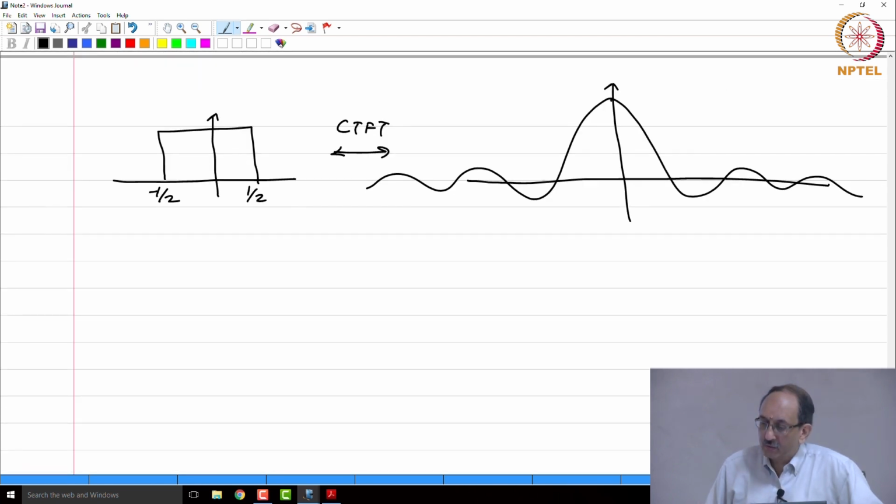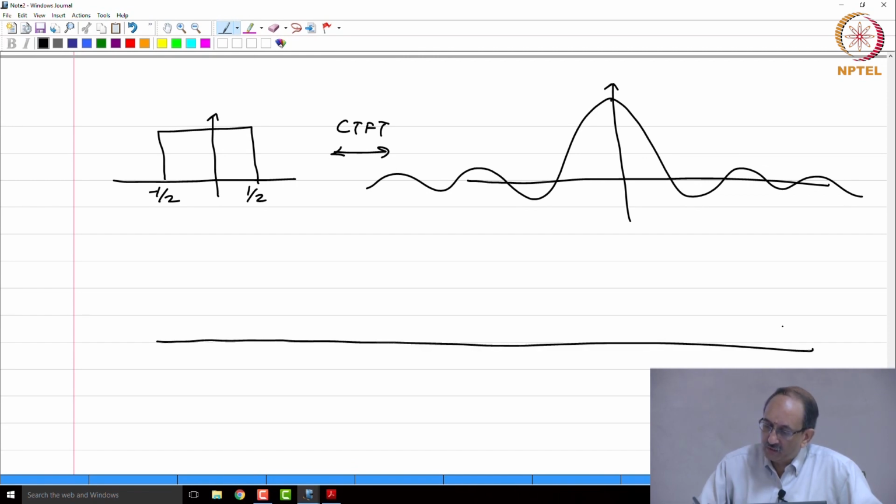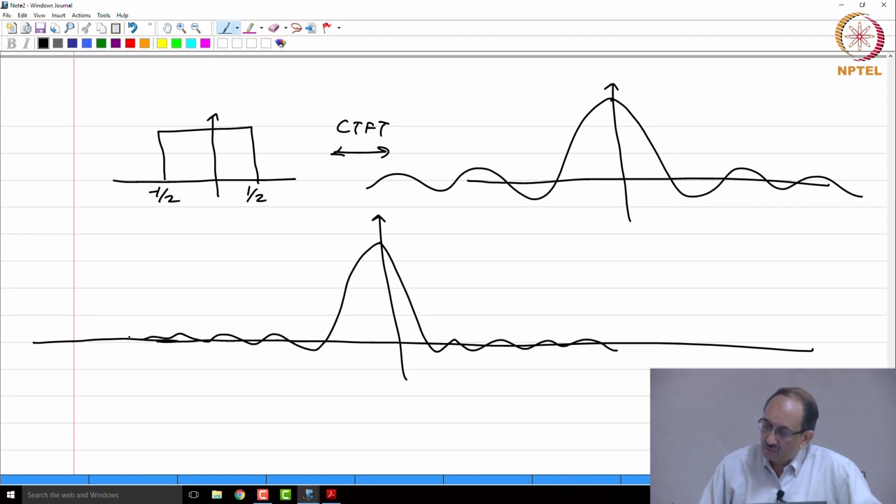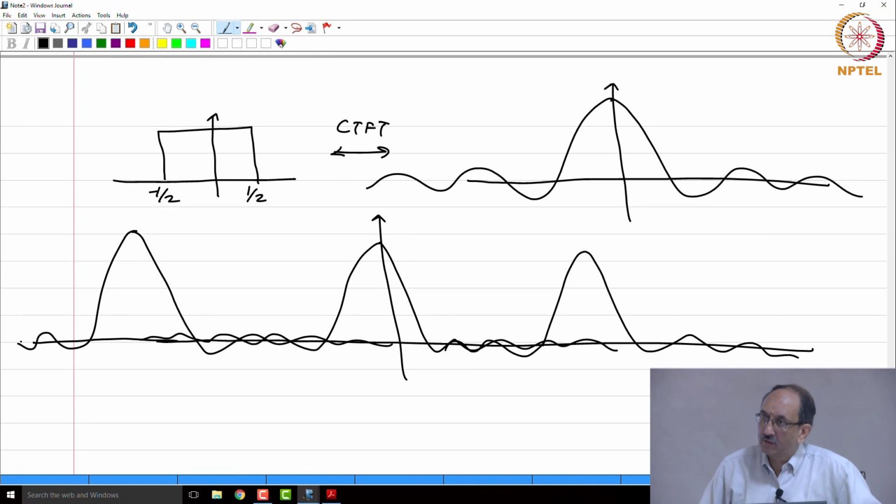Now, what is happening is, when you sample, you will cause periodic repetition of this, and therefore amplitude scaling by 1 over T is always there. The other thing is periodic repetition. So, this is the fundamental copy, and then you have the repetition on the left hand side. Similarly, you have repetition like this.